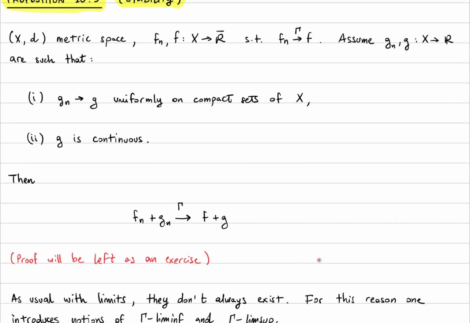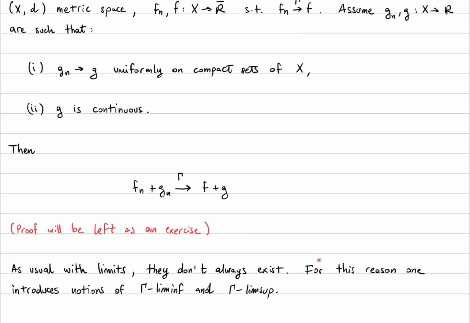Okay, so this is the notion of stability that I wanted to give you for gamma convergence. And now it is useful to introduce basically the equivalent of the lim-inf and lim-sup in the case of limits, the equivalent with respect to gamma convergence, because as typical with limits, also gamma limits don't always exist.